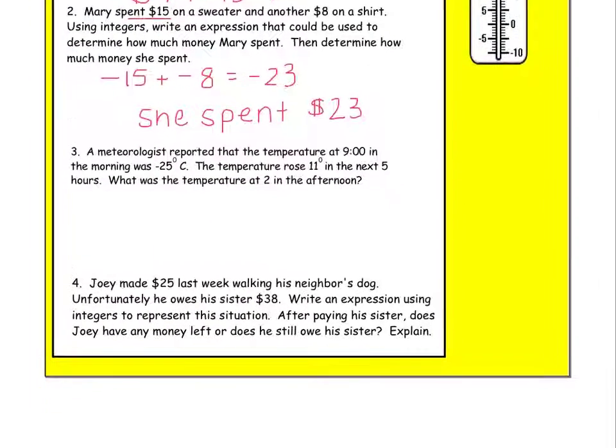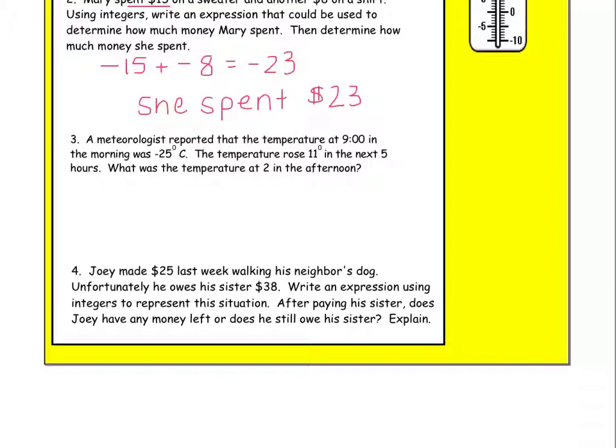Moving down to question 3, it says, a meteorologist reported that the temperature at 9 o'clock in the morning was negative 25 degrees Celsius. The temperature rose 11 degrees in the next 5 hours. What was the temperature at 2 o'clock in the afternoon?